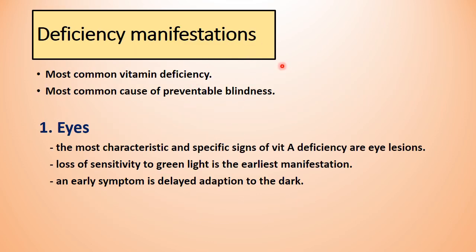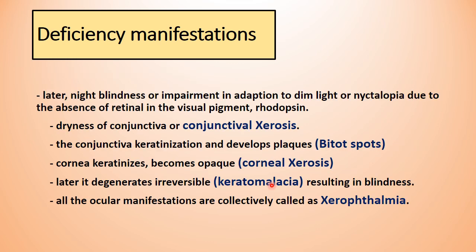Then deficiency manifestations. Vitamin A deficiency is most common and it causes preventable blindness. In the eyes, vision is lost if there is deficiency of vitamin A. The most characteristic and specific signs of vitamin A deficiency are eye lesions. Loss of sensitivity to green light is the earliest symptom, as is delayed adaptation to the dark.